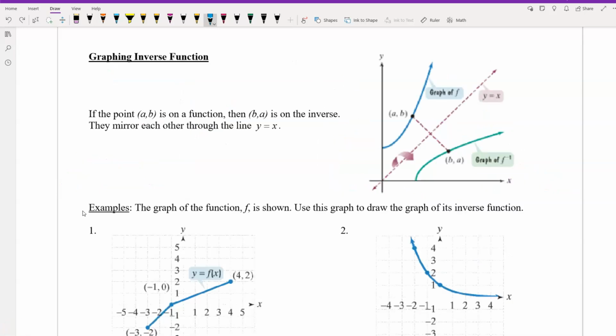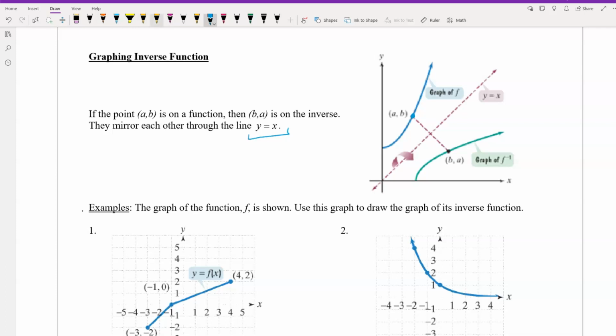Graphing inverse function. If the point (a, b) is on a function, then interchange this ordered pair. So we have (b, a) is on the inverse. So they mirror each other through the line y equals x. So here we have this graph, and we have this point (a, b).